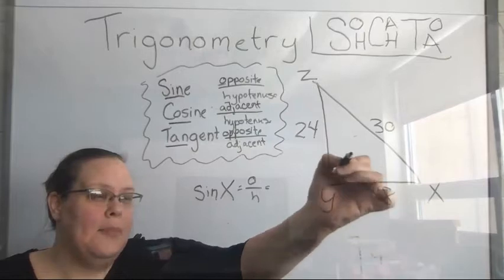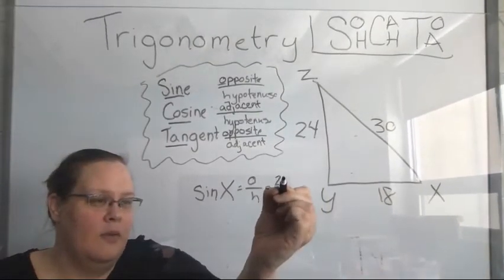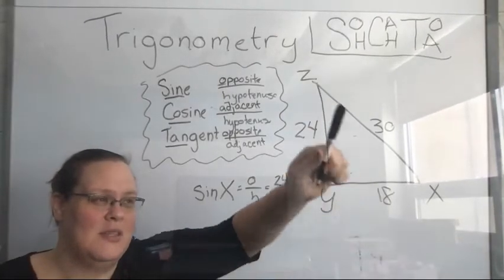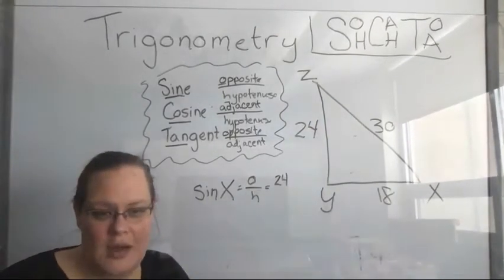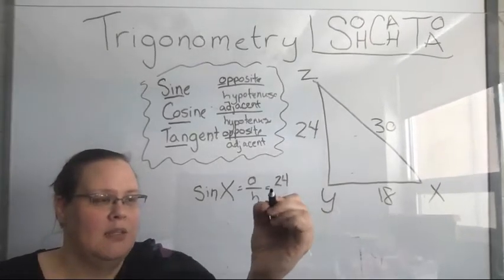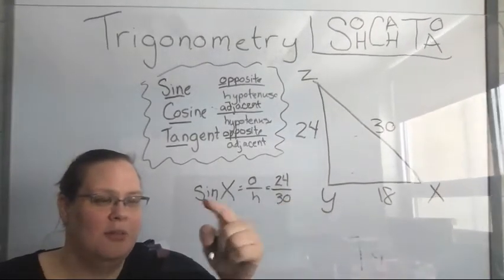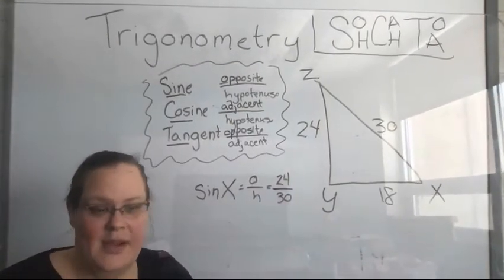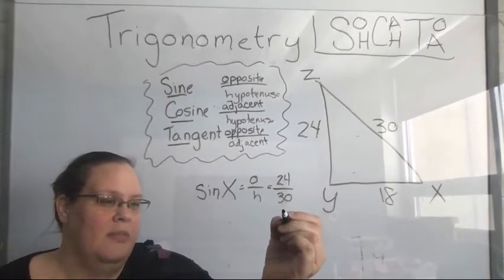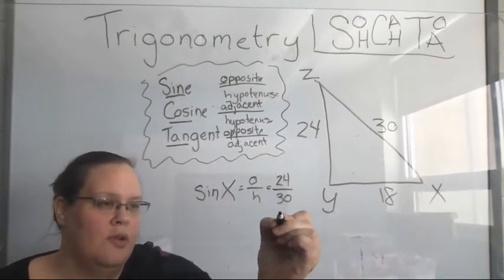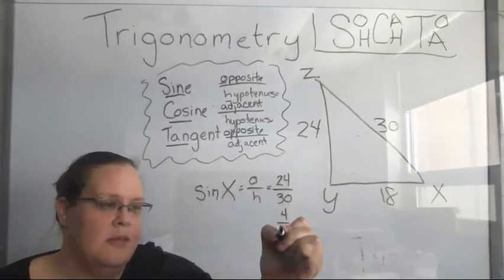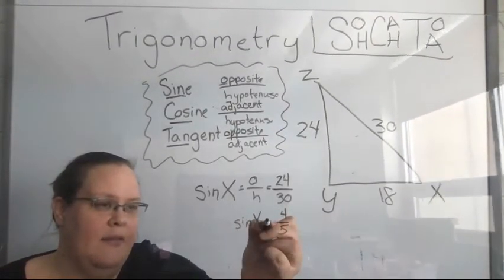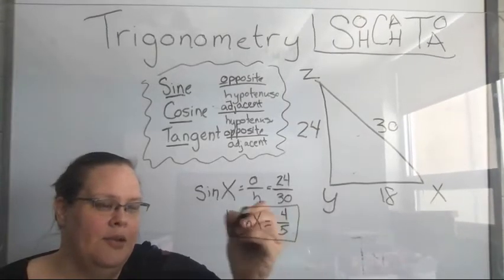The side opposite it is 24. And remember, your hypotenuse is always the one across from the right angle, so my hypotenuse is 30. So my sine of x is 24 over 30. But I need to simplify that. This simplifies down to 4/5. And so this would be my sine of that angle x.